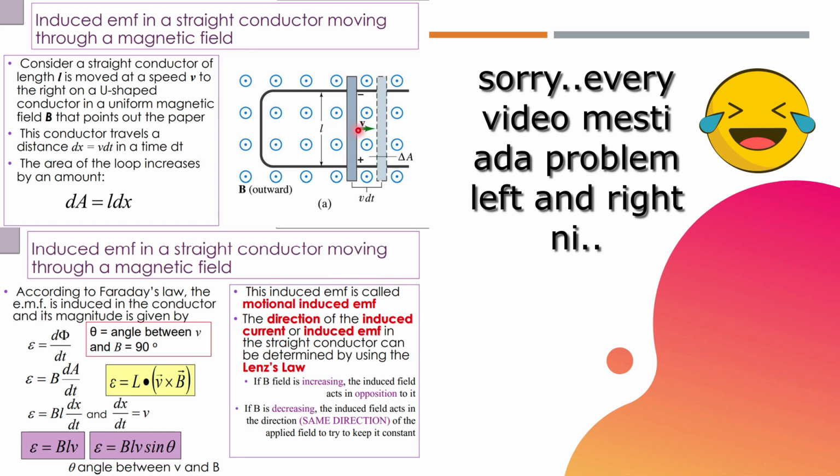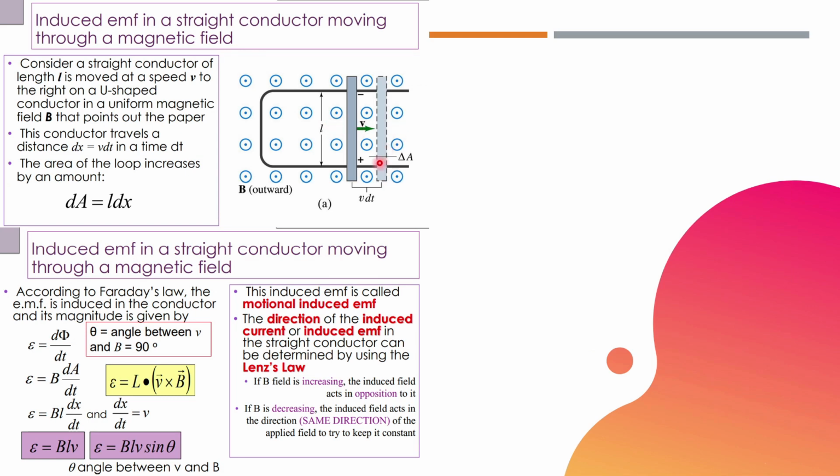So when the conductor here moves to the right, we have the change in area, delta A, where we have L times dx. dx tu adalah change of x lah. That's why we can write change of area is equal to L dx.